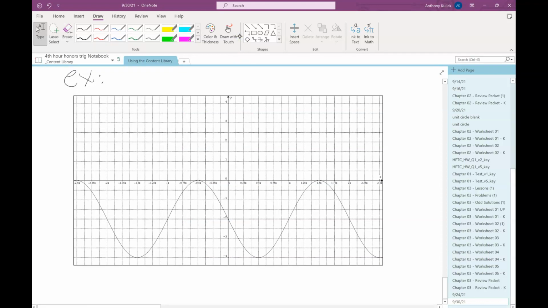Okay, so here's a graph, and what we want to do is generate the equation from it. So basically we need to figure out the values for A, C, H, and K. Everybody's okay with that? 4 things.